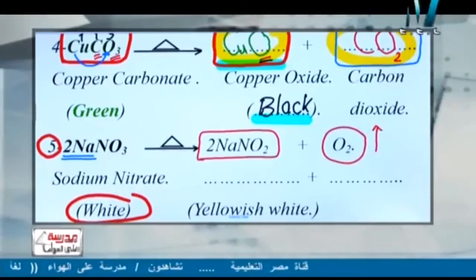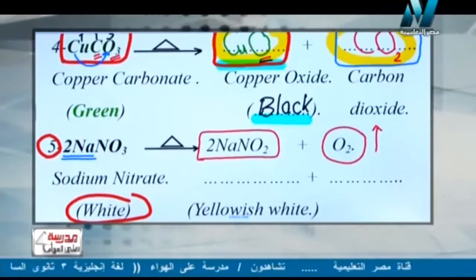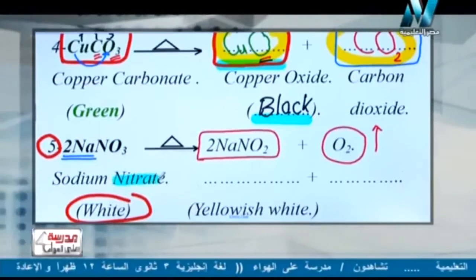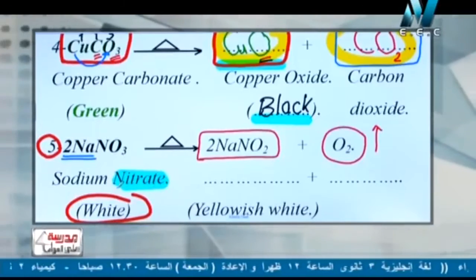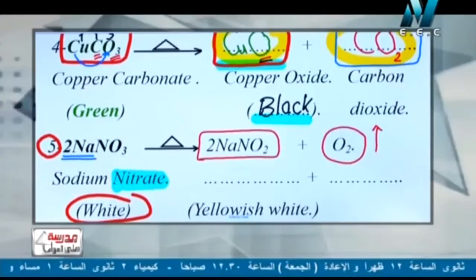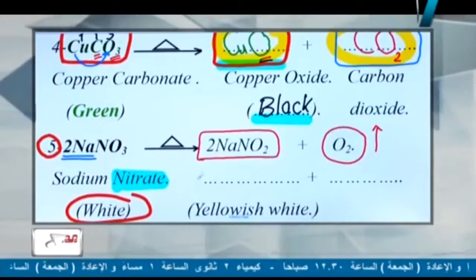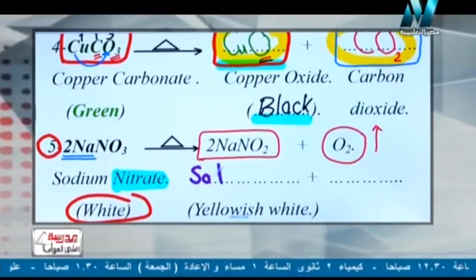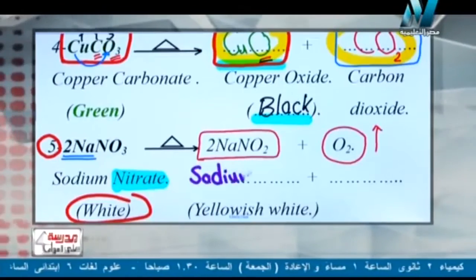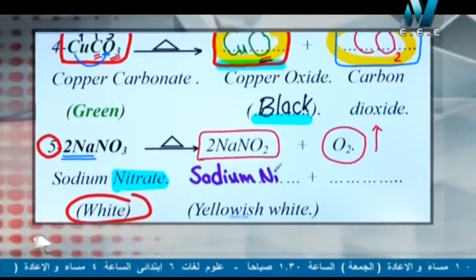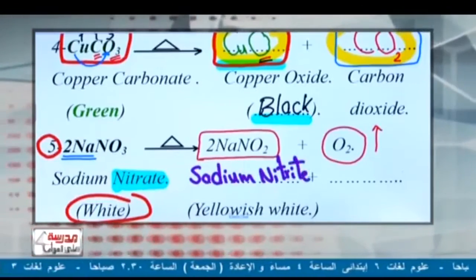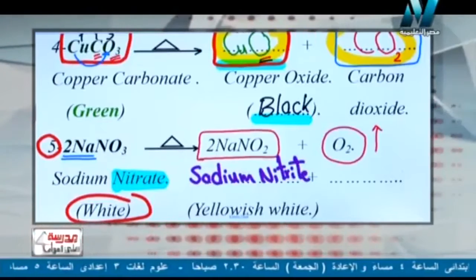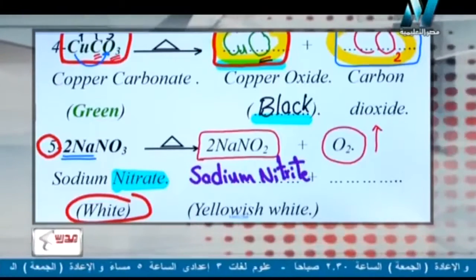So here we have sodium nitrate, 2NaNO3. But here we have sodium nitrite, not nitrate. Sodium nitrite, and its color is yellowish white.